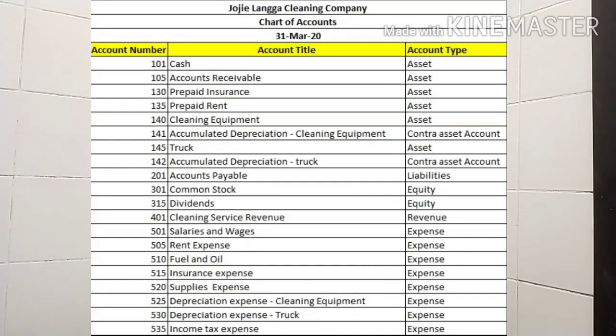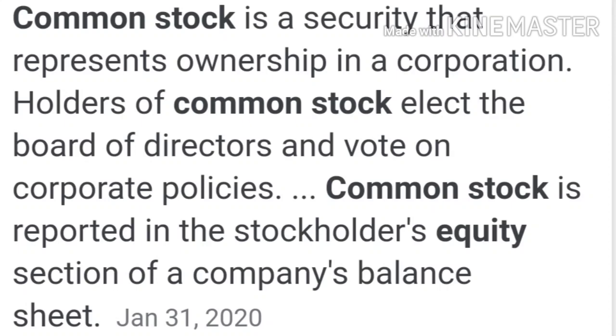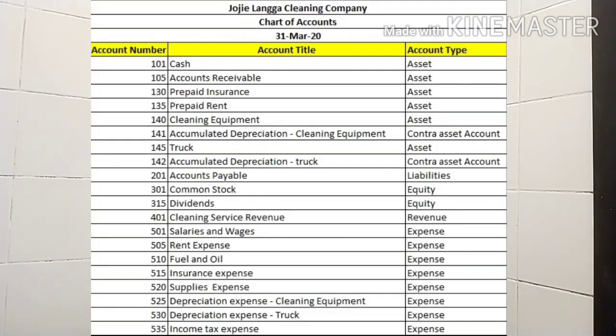Next, equity. Accounts under equity are common stock and dividends. What is common stock? The common stock is a capital that is invested by a common stockholder.